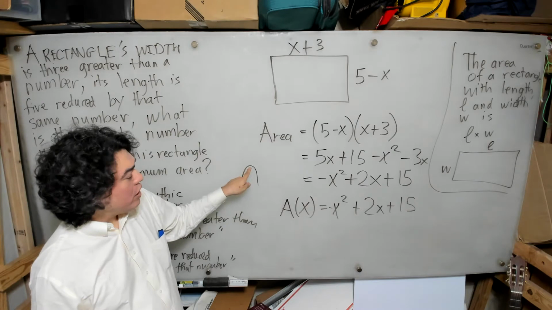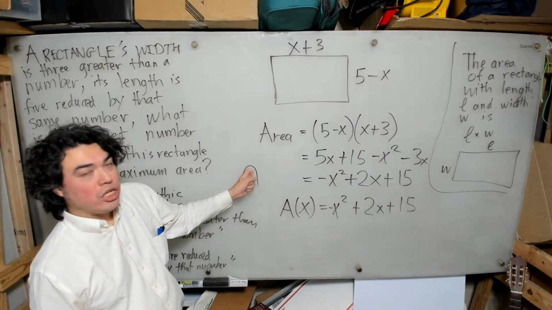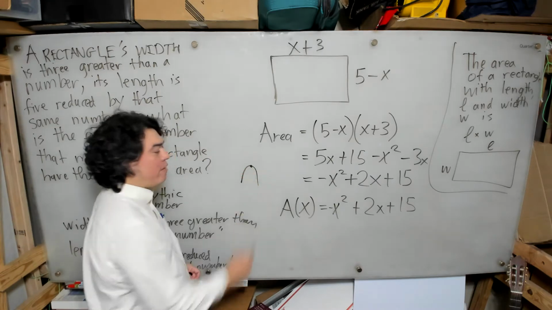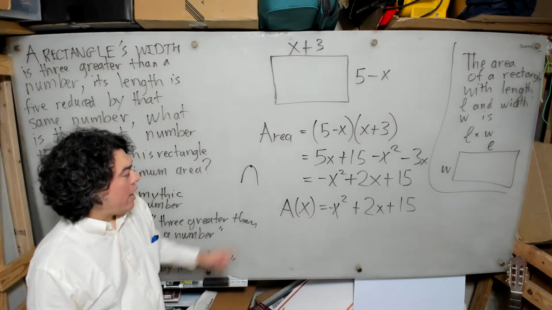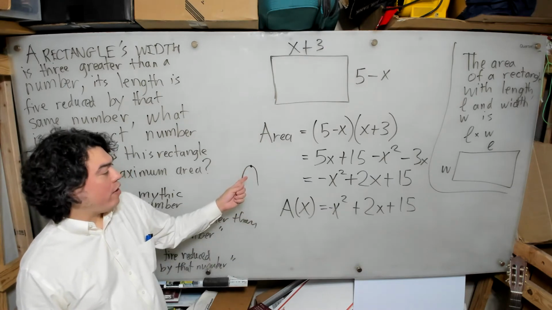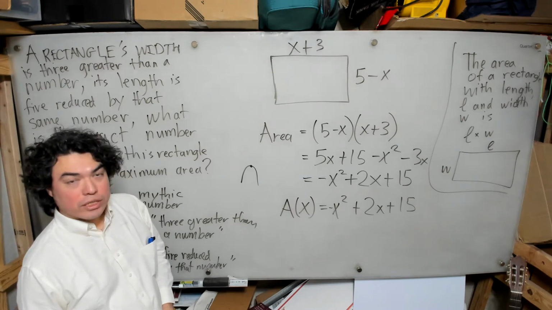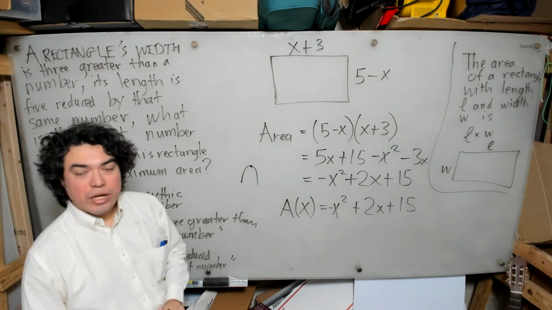And so it'll open down, it won't open up. And so therefore there will actually be a maximum value for the area. Okay? And there will actually be an x coordinate where that maximum value occurs, and it'll occur at the vertex. So without further ado, let's do that.